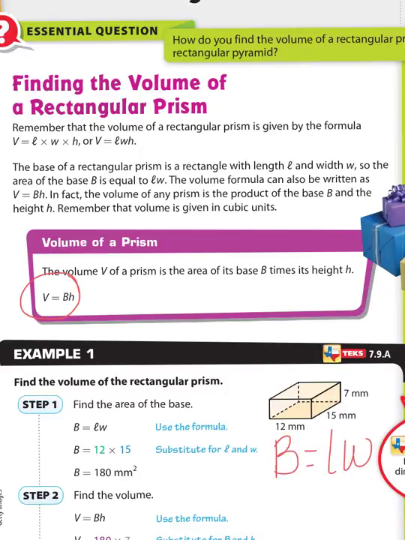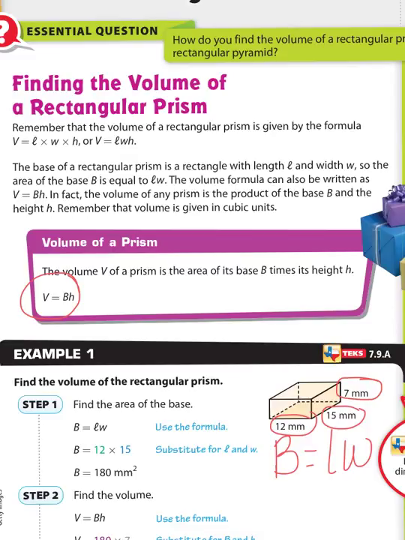So we're basically going to be finding length times width, and then it's the area of the base times the height. In the past you've probably learned that the volume of a rectangular prism is length times width times height. And that's basically what you're doing.